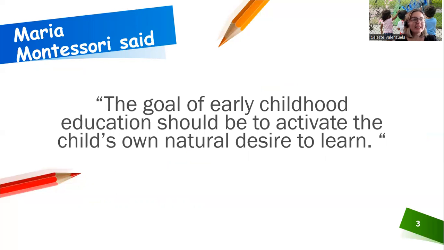All right, so we're going to get in it to win it, I like to say. But let's start with this Maria Montessori quote. The goal of early education should be to activate the child's own natural desire to learn. So we want them to get excited. We want them to want to learn, right?